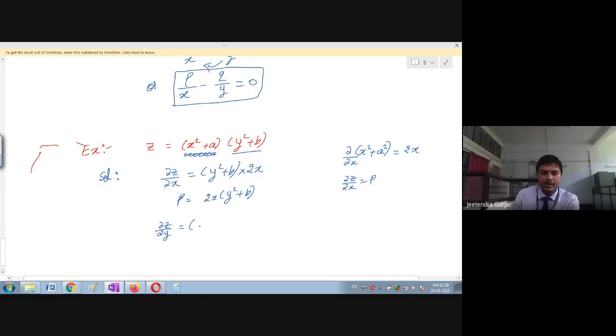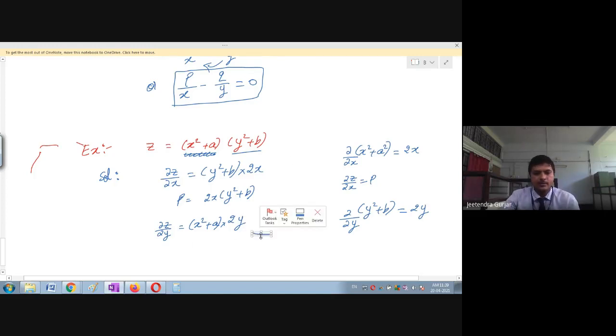So we'll keep it as it is, x square plus a, into, now you can just differentiate y square plus b. Again, the derivative of y square will become 2y, and b is constant, therefore this is 0. So I will just write here 2y. I think everyone got the same answer, right? Yes, very good.